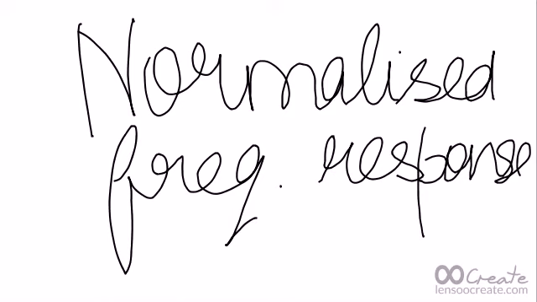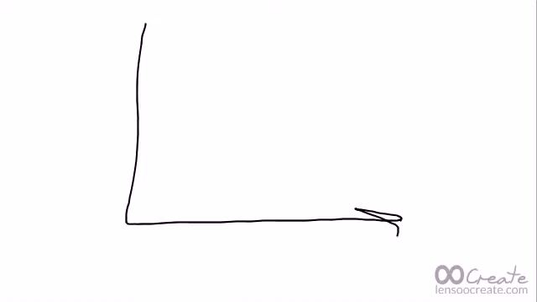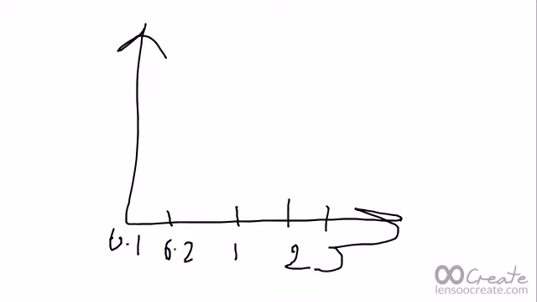And how do you normalize it? You divide all the frequencies. For example, this is our graph, and you have frequency 0.1, 0.2 to 1, and then 2, 3, 4, and so on.